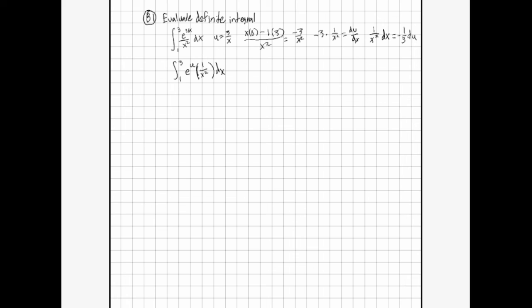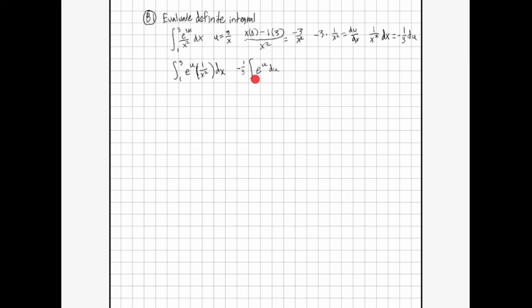Boom. And with this knowledge over here, I can substitute these two right here for du, and take the negative 1/3 out here because it's a constant. So that equals negative 1/3 times the integral of e to the power u, du.